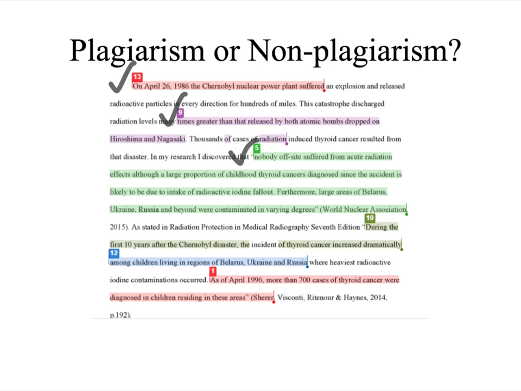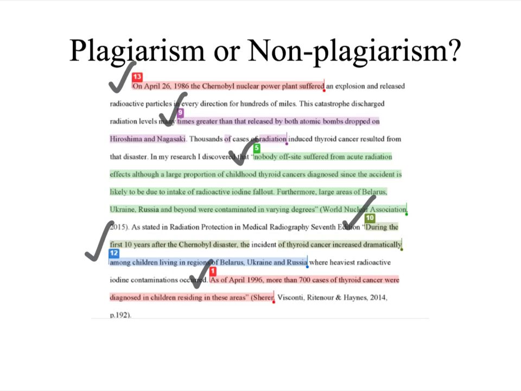The green area, labeled with number 5, is indeed in quotes and is followed by the in-text citation. Therefore, this is an example of non-plagiarism. This is also the case for the areas marked with numbers 10, 12, and 1.